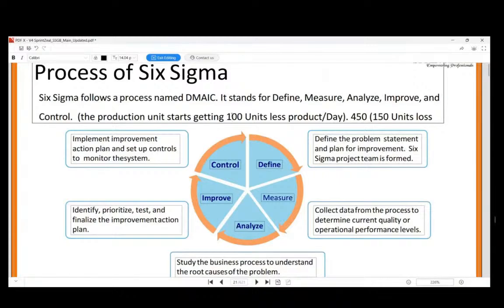Over a month, when I took out the average after analyzing and measuring, I found there is loss of, let's say, 298 or 398. Or let's say 450.